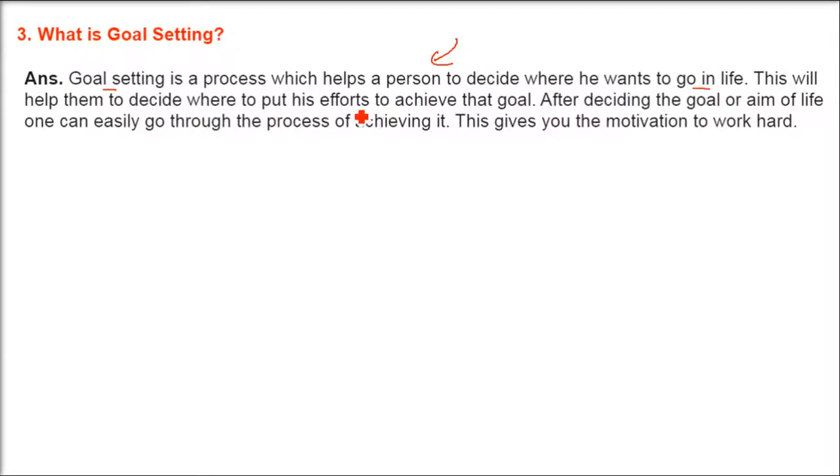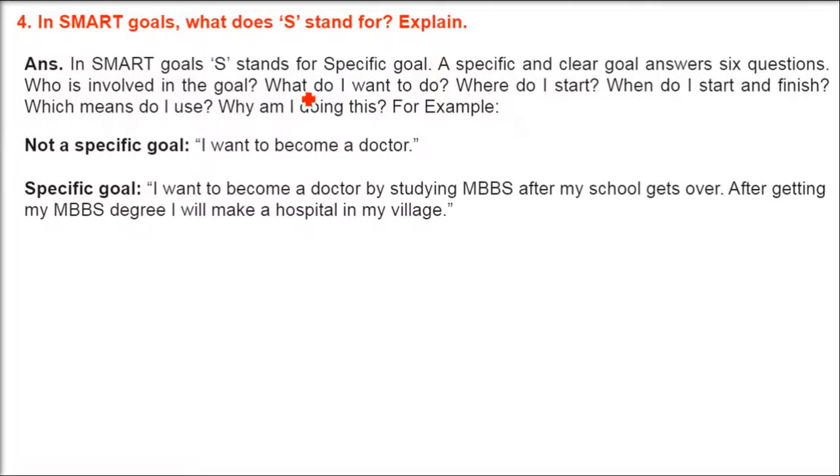This will help us decide where we have to put effort in order to achieve this goal. And after deciding the goal, aim, or target of life, we can easily go through the process of achieving it. This will give us the motivation to work hard, to actually get up and work for what we want to achieve.